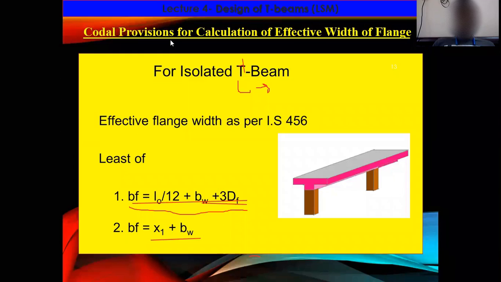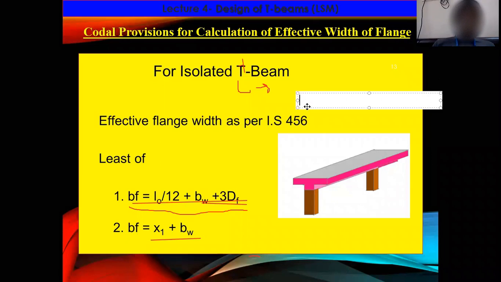Yeah. For the isolated case, for T beams, the formula for the isolated T beam is already given in IS 456:2000, clause number 23.1.2. This is bf equal to l0 by (l0 by b plus 4) plus bw.